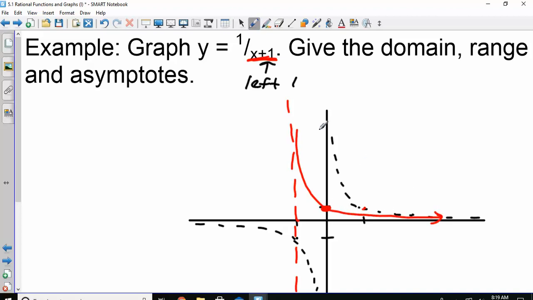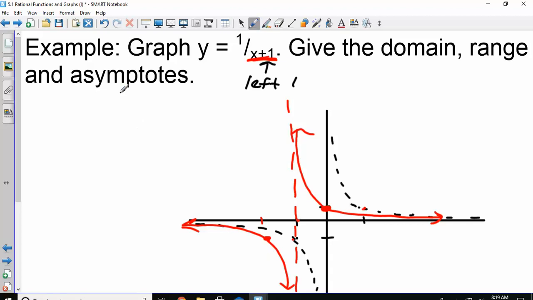So there's that section. If I move negative 1 left, then it looks like this. Now you could certainly make a T-chart if you needed to. You can double check yourself on a graphing calculator, but not too difficult to use our transformations that we had in the past.